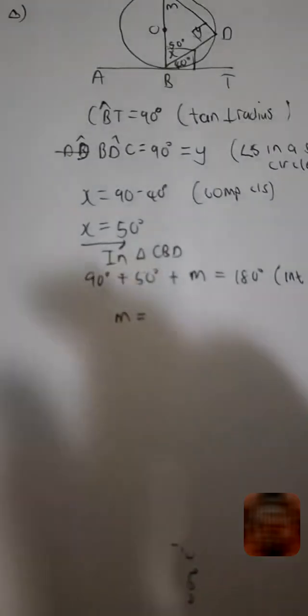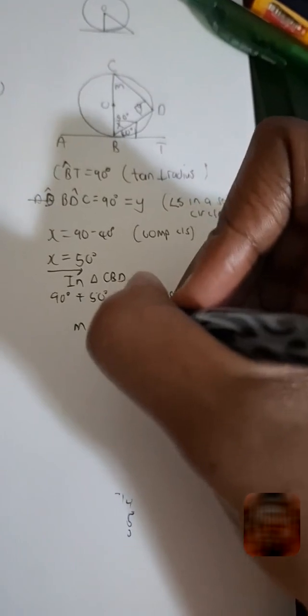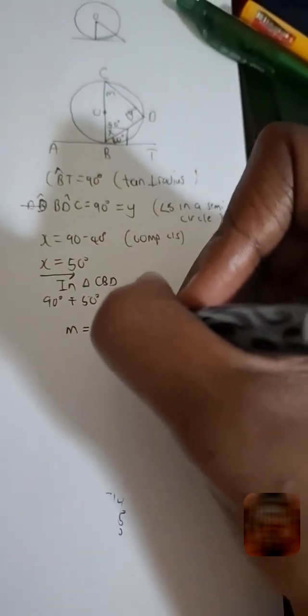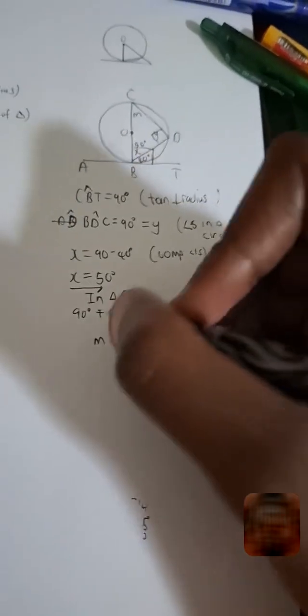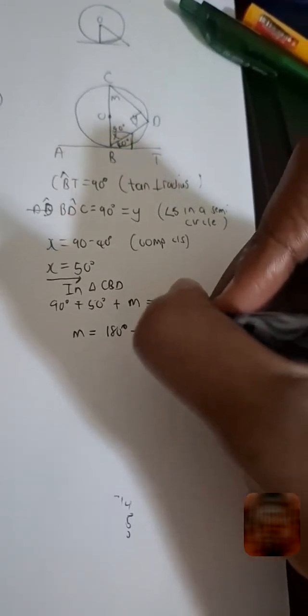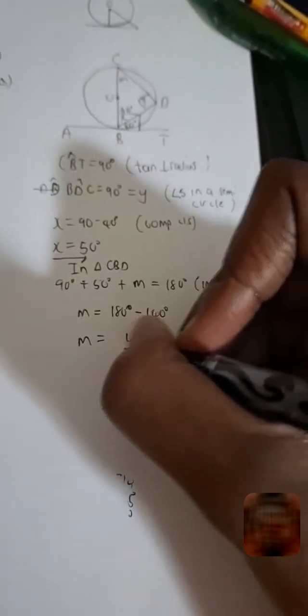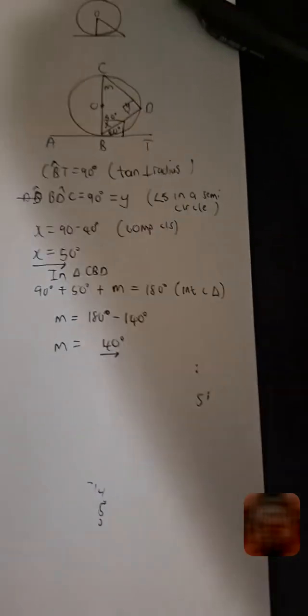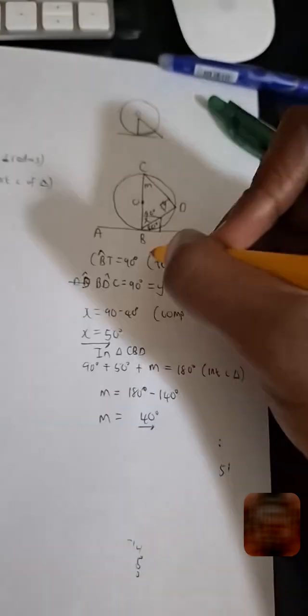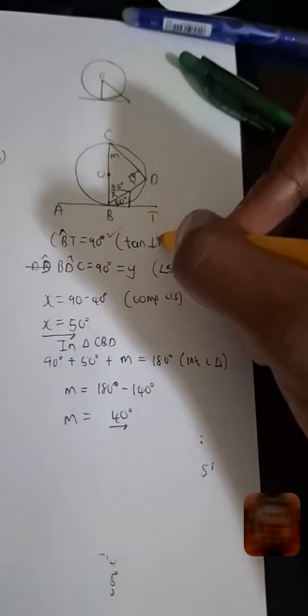Then when we solve for m, we get 90 plus 50, which gives 140. Then 180 minus 140. So our m is equal to 40 degrees. Awesome. My leader, you are spot on.